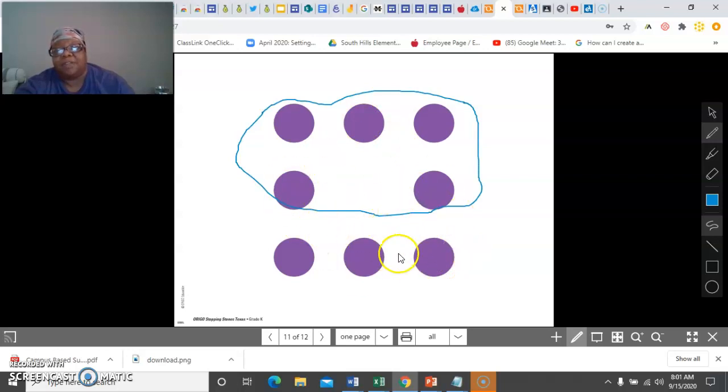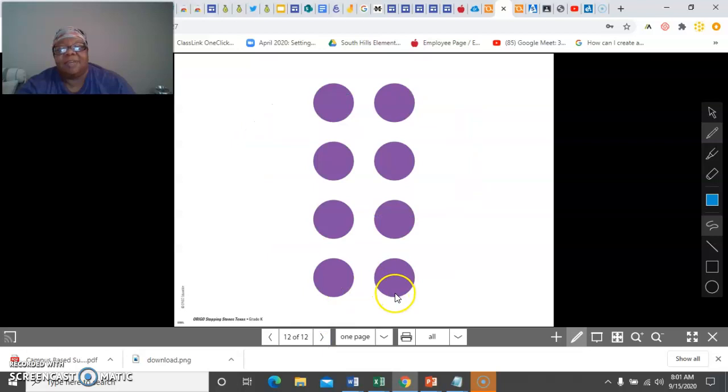What did this picture kind of make you think about? Made me think about a car. Then we have 2 rows. Each row has 1, 2, 3, 4, because everyone has a partner. So 4, we have, let's see, 1, 2, 3, 4, 5, 6, 7, 8.